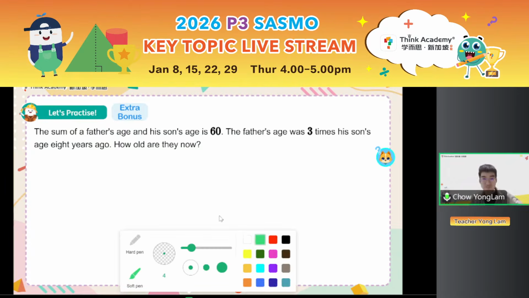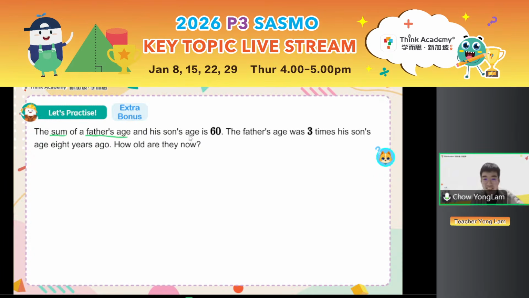Okay, let's go. So the keyword here is the sum of a father's age and his son's age is 60. Did they mention when it is? This sentence has a bit of nuance to it. I didn't say is it this year or next year or 3 years ago, but if you see the word is, it means the age sum now is 60.